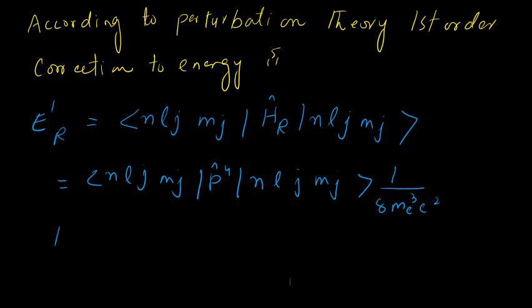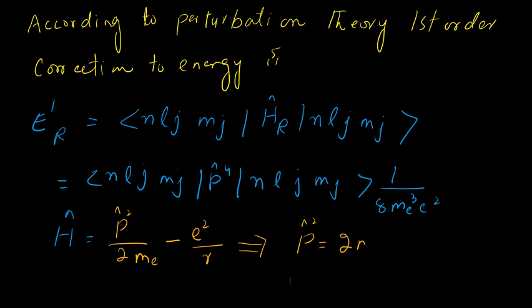For this, I can write the Hamiltonian of the hydrogen atom as P² divided by 2Mₑ minus e² over r, and it can be written so that P² will be equal to 2Mₑ into (H plus e² divided by r).